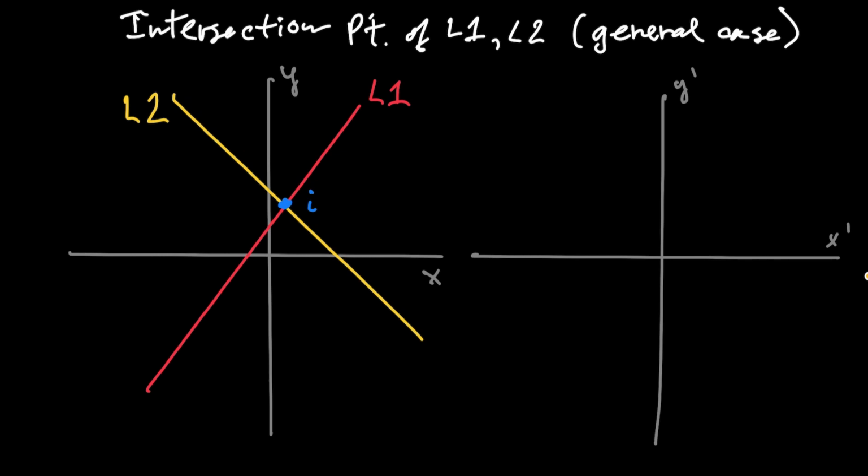Okay, so basically all we have to do for this general case is to transform it into the special case, which you've already solved. You'll know how to compute the solution to it. And so what we'll be doing, let's draw an arrow here. So this will be a coordinate rotate.